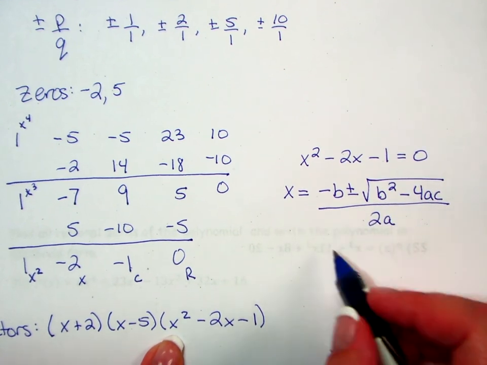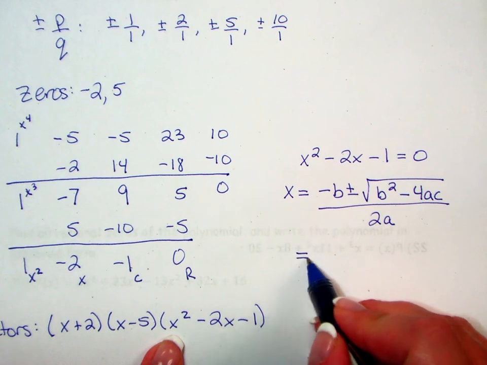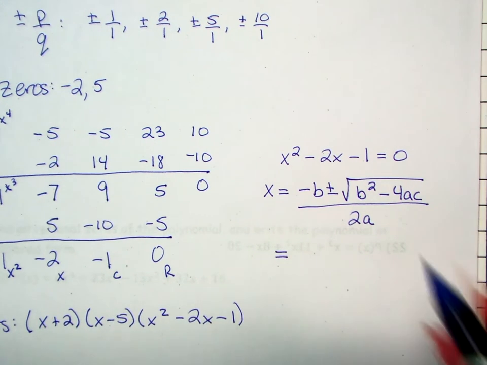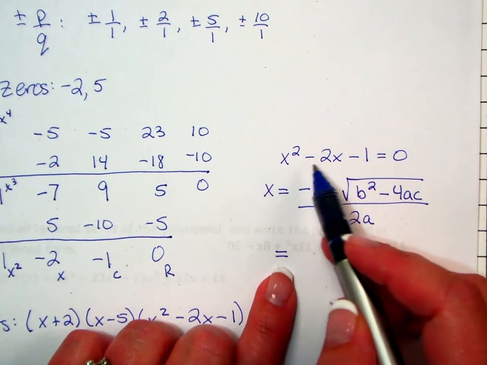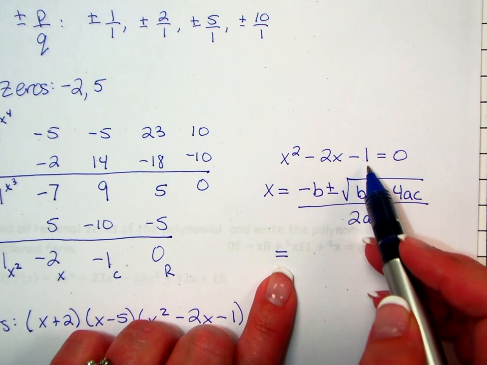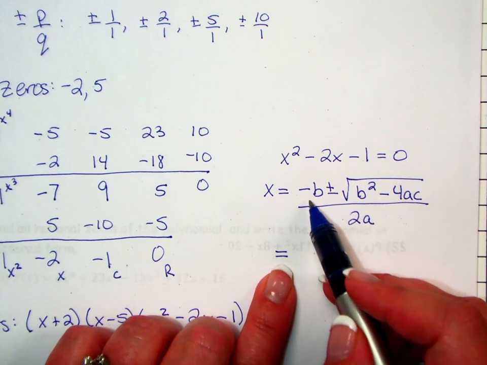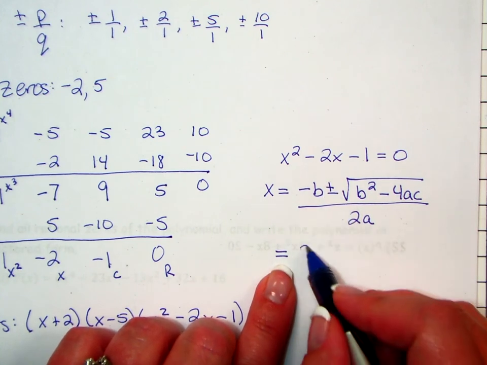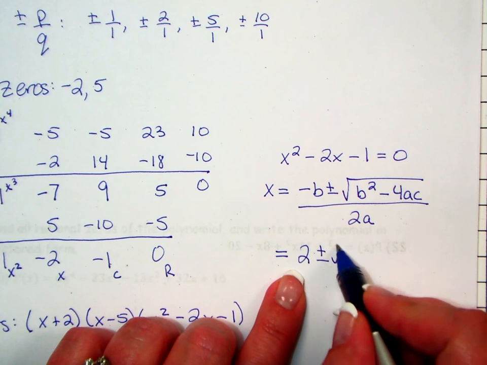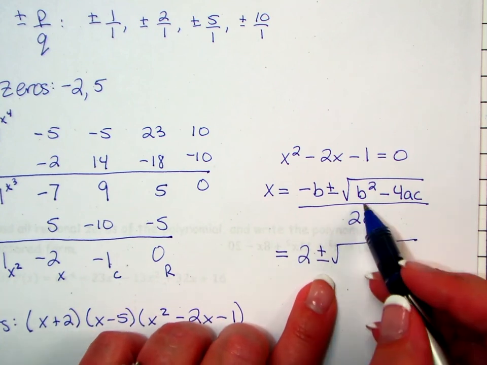I bet you missed that song, didn't you? All right, here we go. So a is 1, b is -2, c is -1. So if I do -b, I'm going to get a +2 plus or minus the square root.